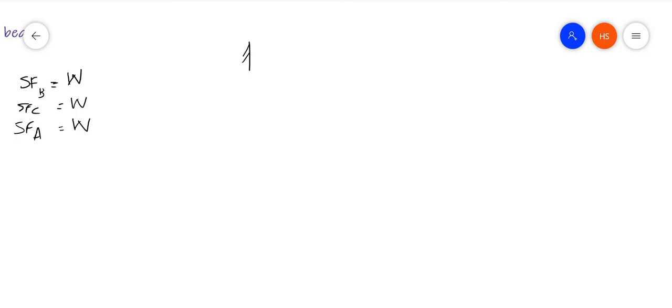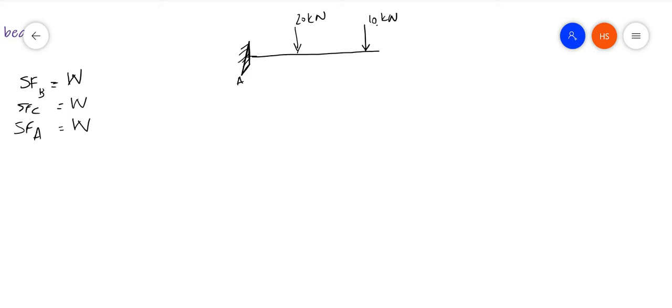So here I am considering a beam. There is a load of 10 kilonewton and a load of 20 kilonewton. This is a cantilever beam, and here is the free end.